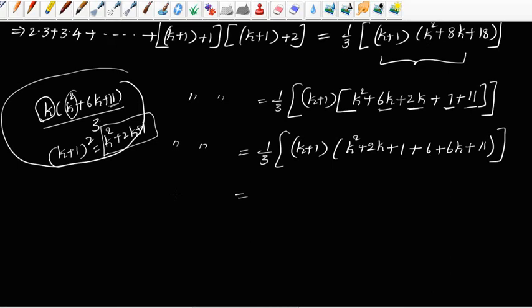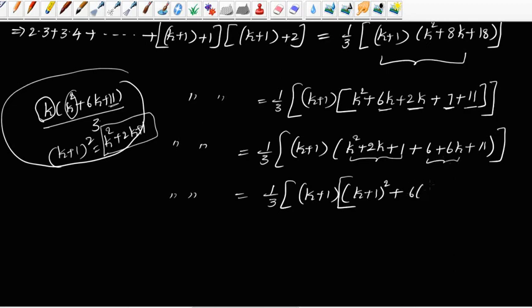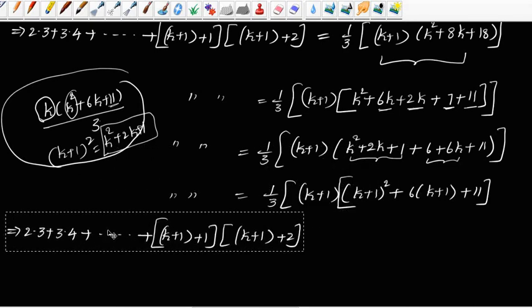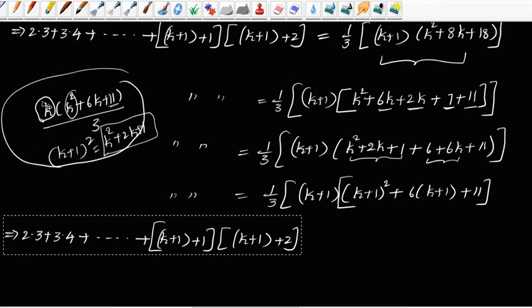Now finally the LHS, same 1 by 3 into, taking k plus 1. Here this is of the form a plus b whole square. Now k plus 1 whole square into, in these two terms taking 6 common, k plus 1 plus 11. Now finally we should write the answer here. Okay, this is the left hand side.